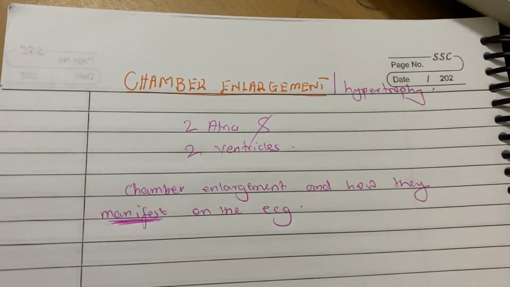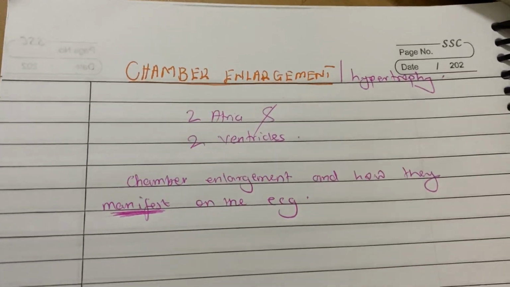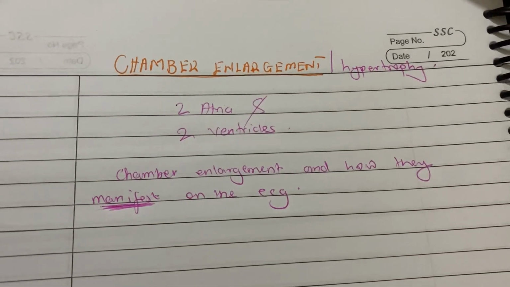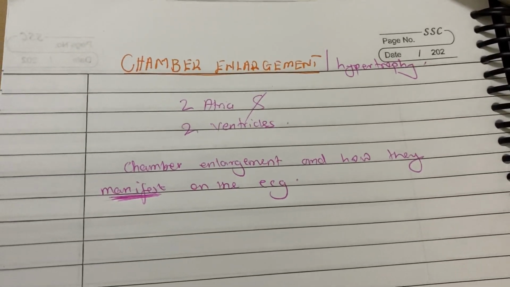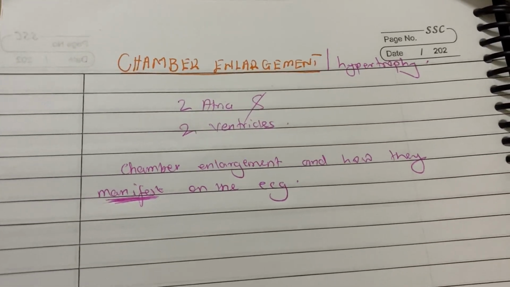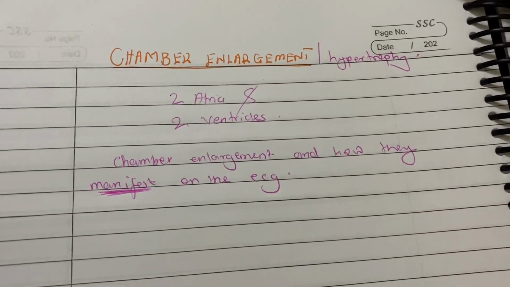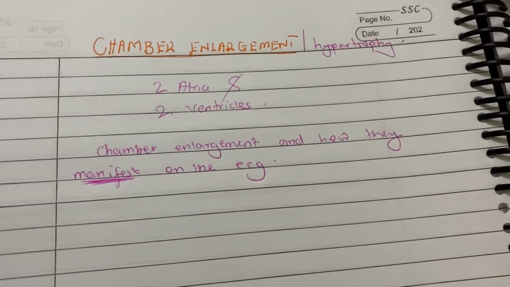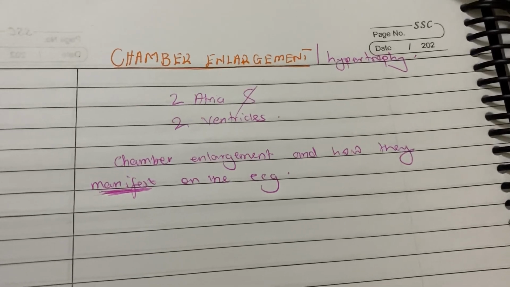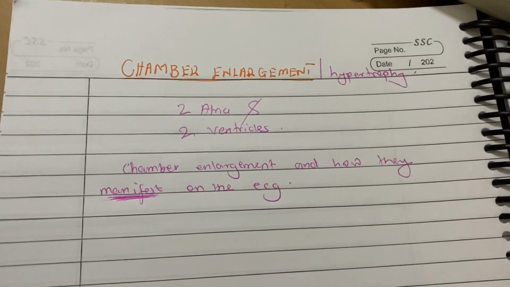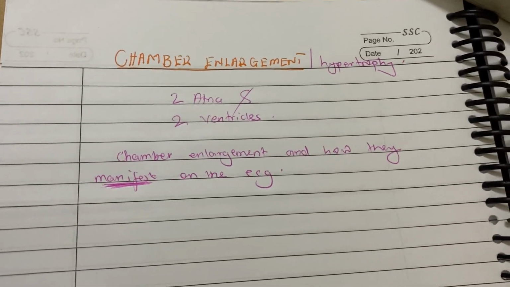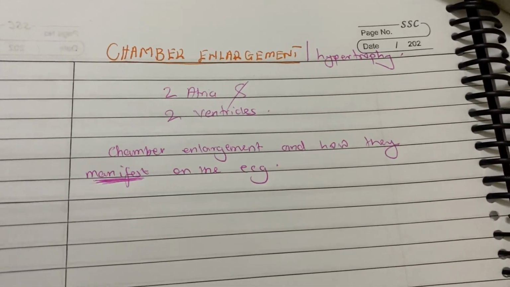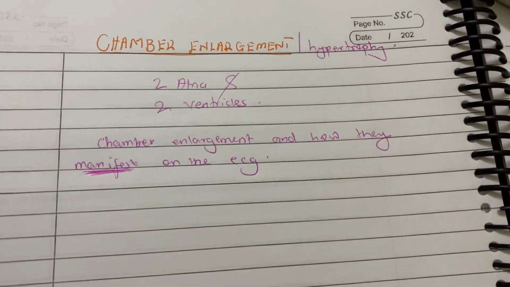Before this topic, we had completed the normal ECG, how the normal waves are formed, and the naming of all the waves, intervals, and segments, and all their durations and morphologies. We finished that. So today we are starting the clinical electrocardiography, where you're looking at abnormal ECGs.